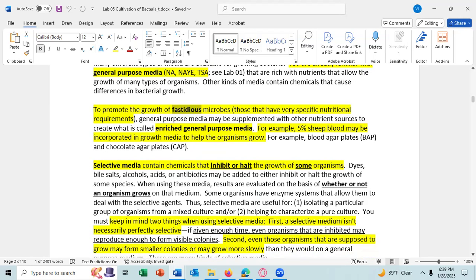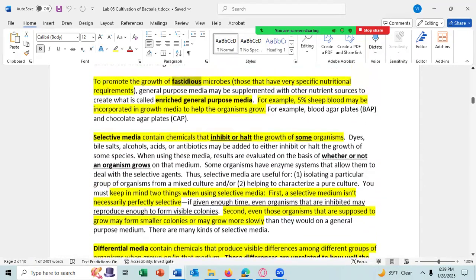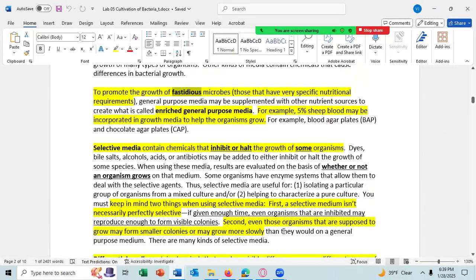Given enough time, an organism which is selected against in a selective media can eventually begin to grow. And second, even those organisms which are supposed to grow in selective media may grow slower or form smaller colonies than they would in a general purpose media.